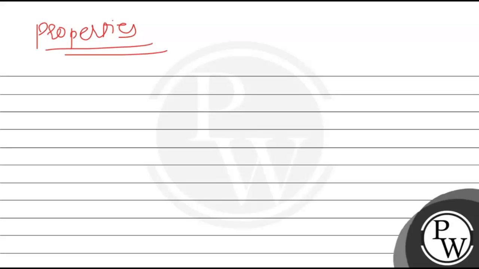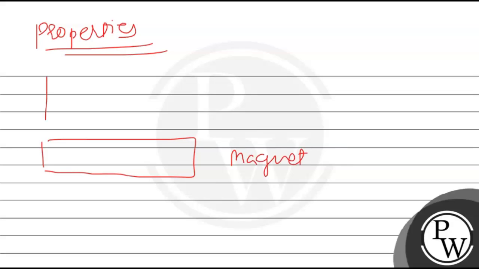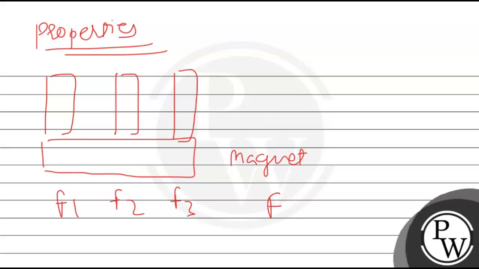What is the property? If we keep the magnet bar horizontally and the iron bar is kept one by one in these three positions, then for the forces of attraction F1, F2 and F3, F1 will be equal to F3, whereas F2 will be equal to 0. Why?